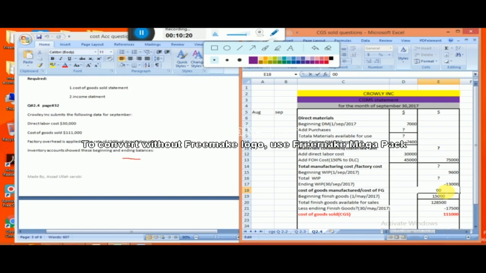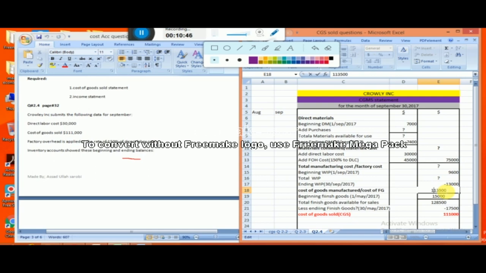In 1,28,500 minus 15,000, 5 minus 0 is equal to 5. 8 minus 5 is equal to 3. 2 minus 1 is equal to 1, and 1 minus 0 is equal to 1.